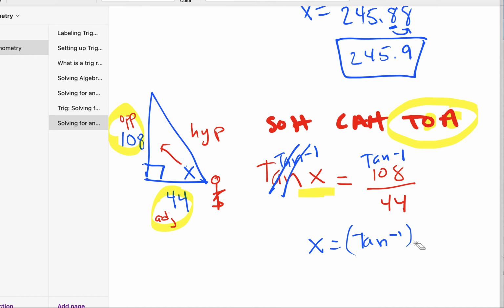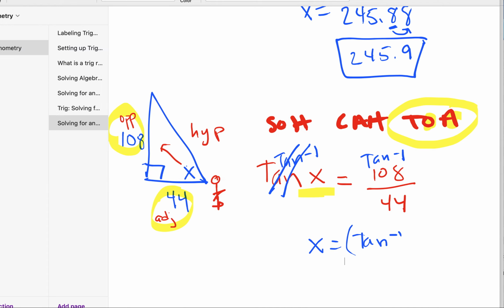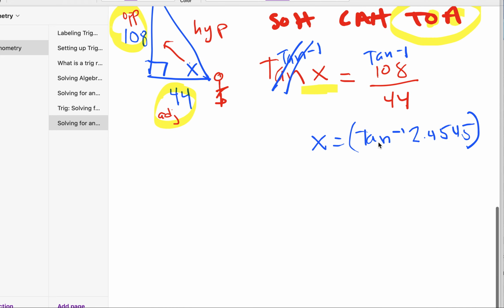Rather than put 108 over 44, I'm going to use whatever that is as a decimal. 108 divided by 44 is 2.4545. So we're simply going to enter into our calculator the same thing.